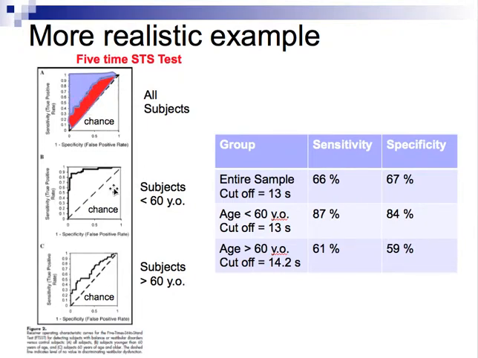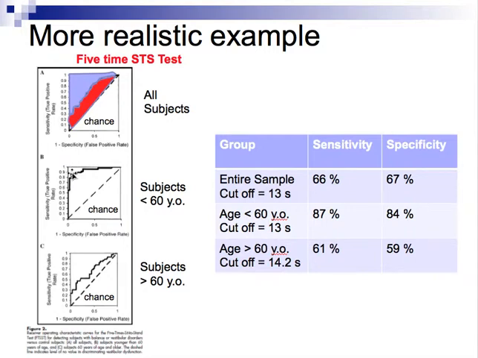But then if we look at the subgroups, people under 60 years old, well, geez, the accuracy of the 5 times sit to stand test is quite high for people under 60 years old in terms of determining a faller and a non-faller. But for people over 60 years old, it was really not a very good predictor. And we can look here and see the cutoff value of 13. So here they're looking, instead of for a screening test, for an optimal test.